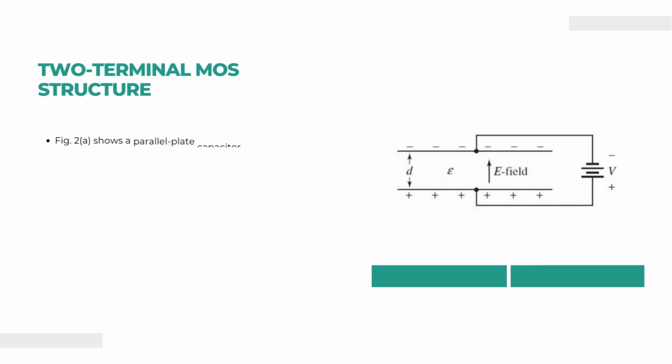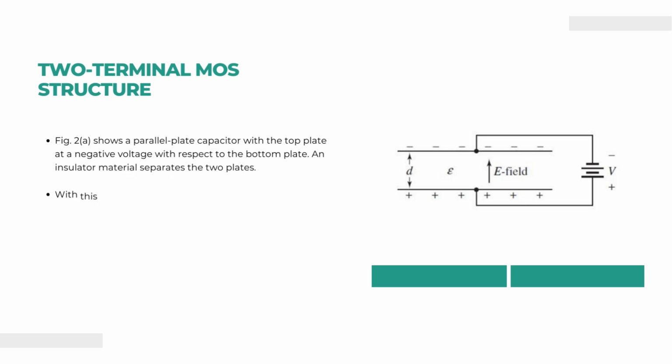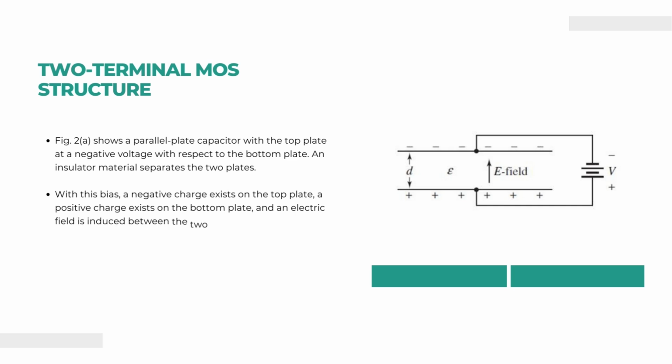Figure 2 shows a parallel plate capacitor with the top plate at a negative voltage with respect to the bottom plate. An insulator separates the two plates. Here we can see there are two plates provided with a potential, and the top layer has a negative potential applied on it. They are placed at a distance d, and the permittivity between them is epsilon.